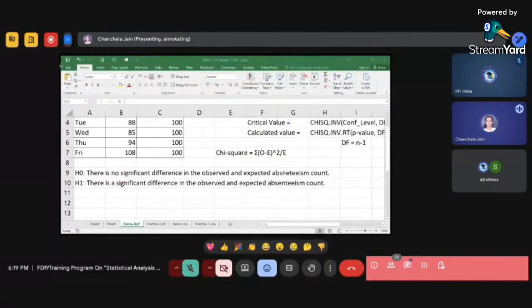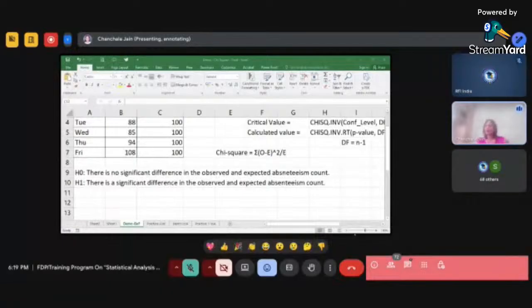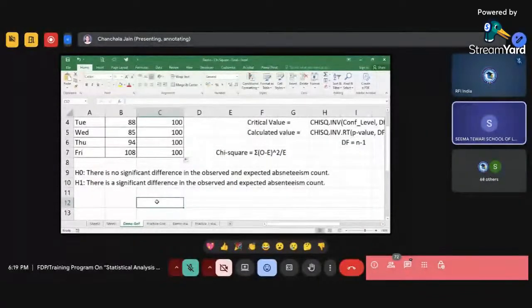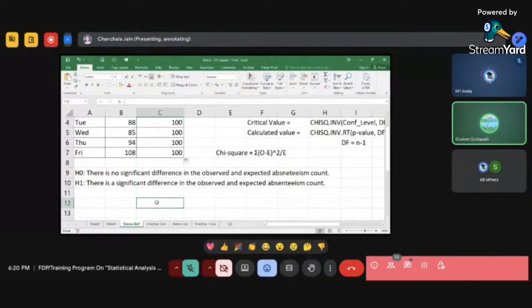Okay, very good. Any other criteria or only a single criteria? Ma'am, based on the calculated p-value and tabulated f-value, if we are doing it manually, then we will consider calculated versus tabulated f-value.